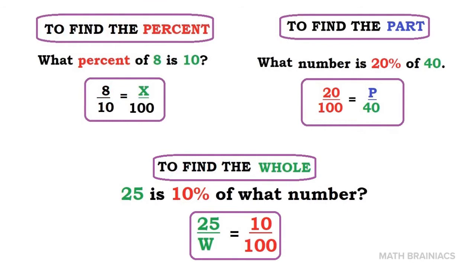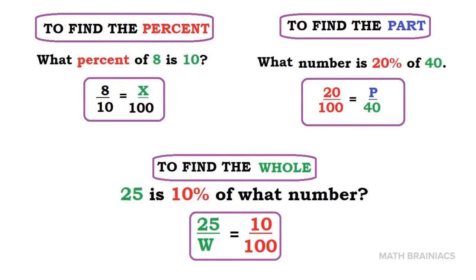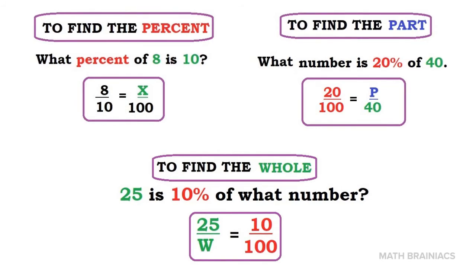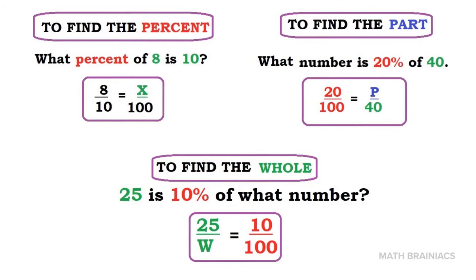To wrap it up in finding the percent, the ratio must be always the part over the whole. Even in the percent, it must be the part over the whole. Correspondingly, in finding the part, we're going to convert the percent into fraction. Therefore, we're going to divide the percent by 100.